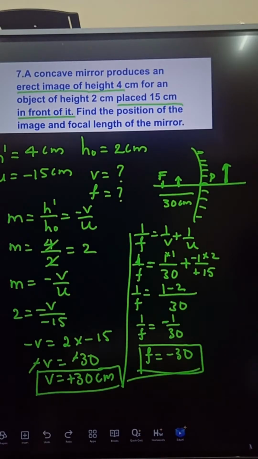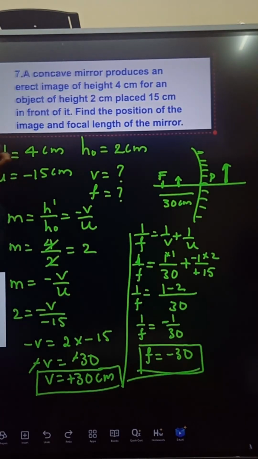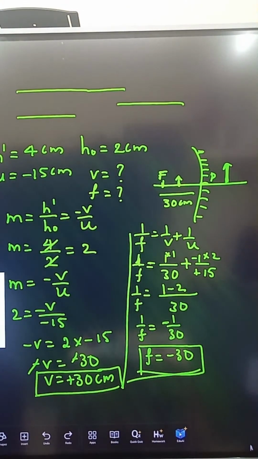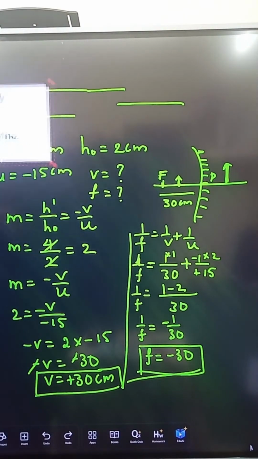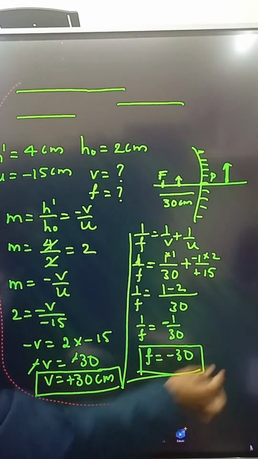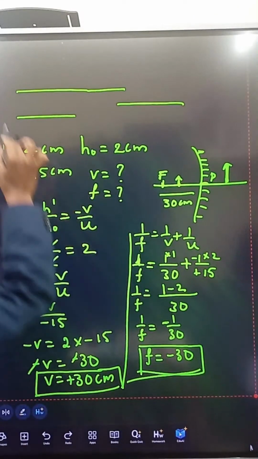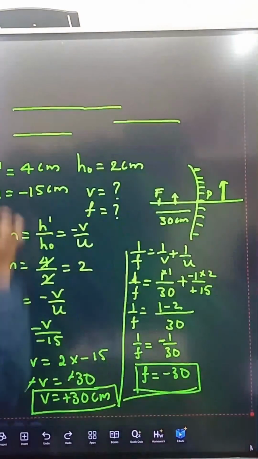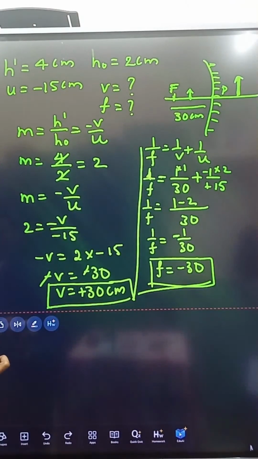This topic needs very much more concentration. Only then can you solve the problems. Very good. You already got answers. So that is a really happy thing.